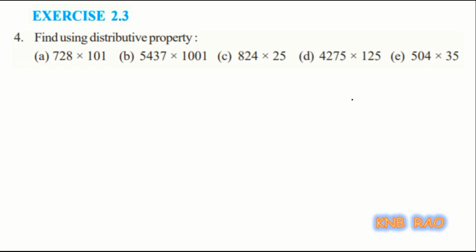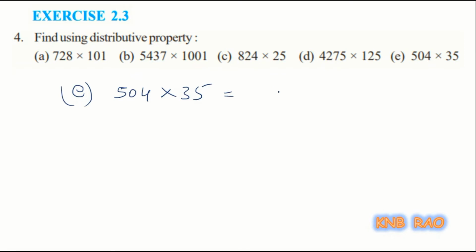Now in this question, we can do any other question also. Here for example, E. If I am doing E, 504 multiplied by 35.